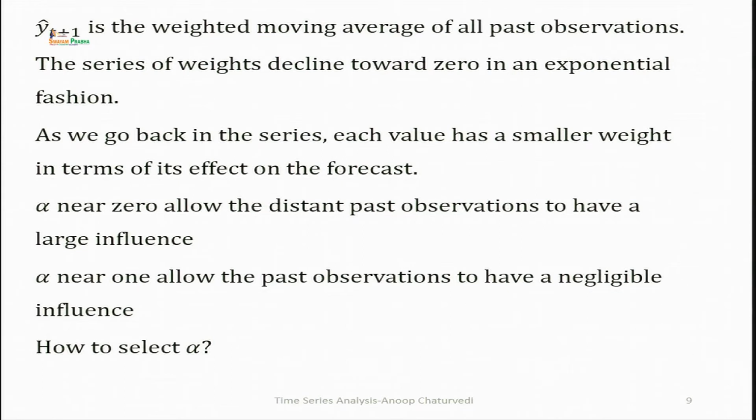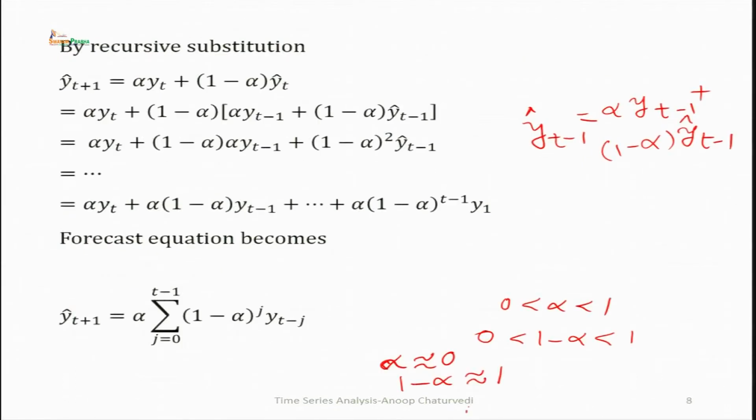If alpha is close to 1, then the past observations have a negligible influence. So, again you look at the expression, if alpha is close to 1 means 1 minus alpha is close to 0.